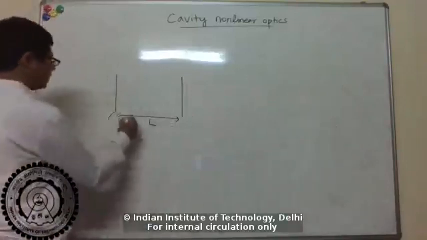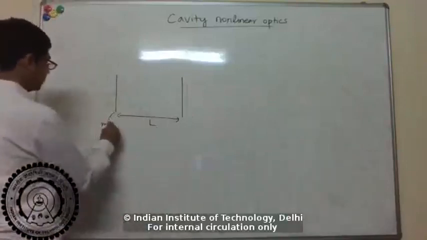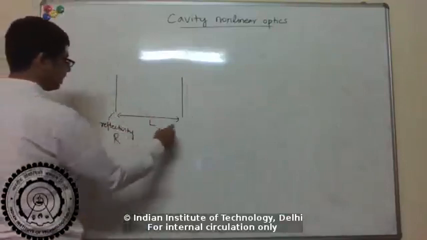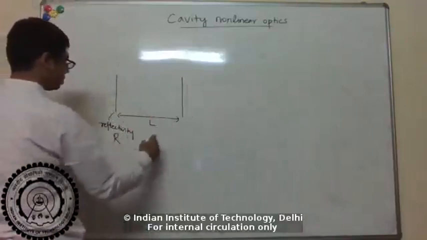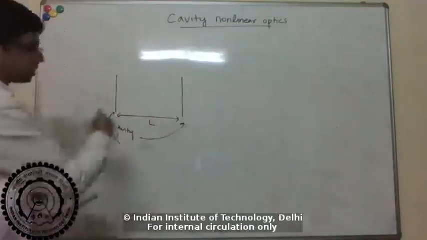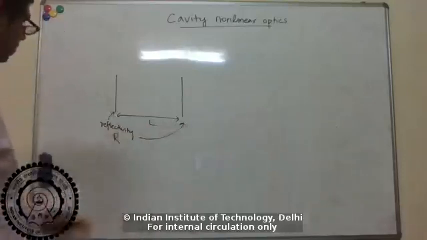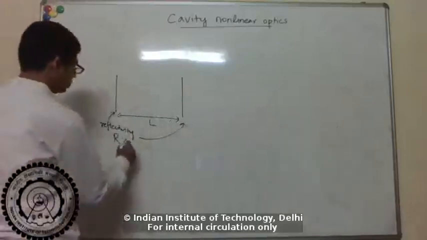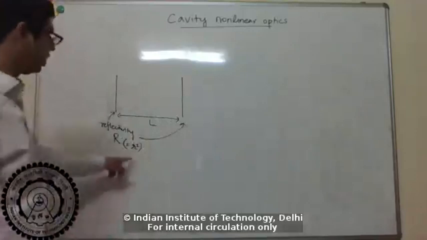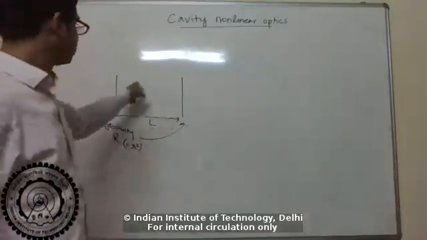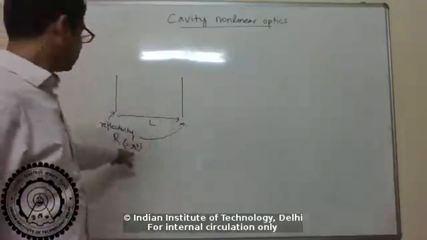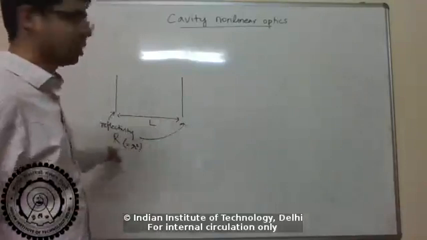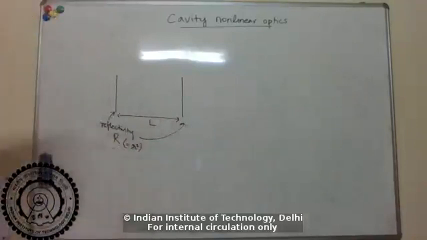And let's say these mirrors have reflectivity R. So both of these have the power or intensity reflectivity R, or if we want to define the reflection coefficient in terms of the electric field amplitudes, then we can say it's small r, and the intensity and amplitude reflectivities are related by the squares, you know from your basic optics, right?